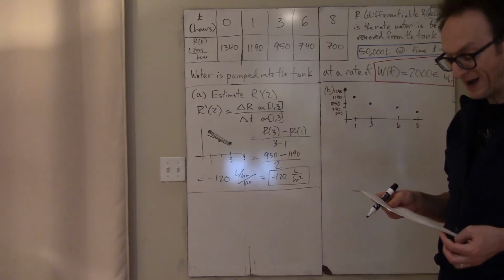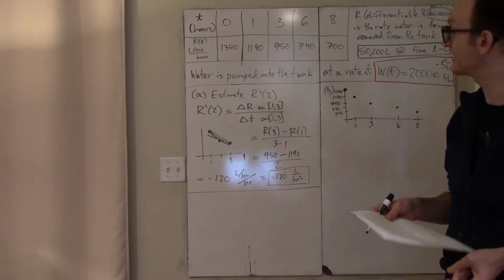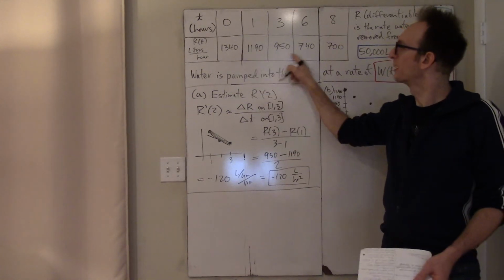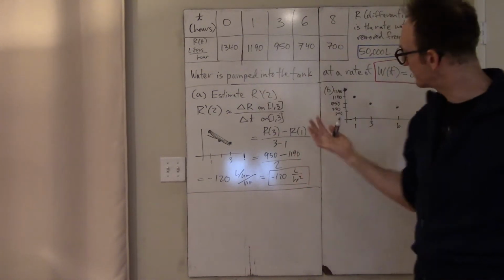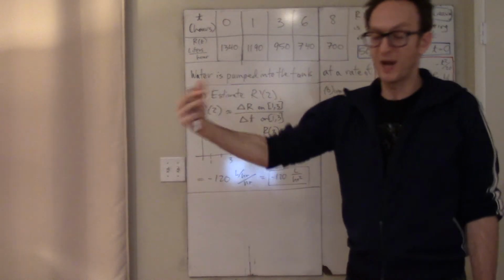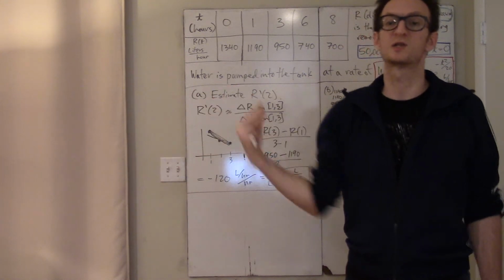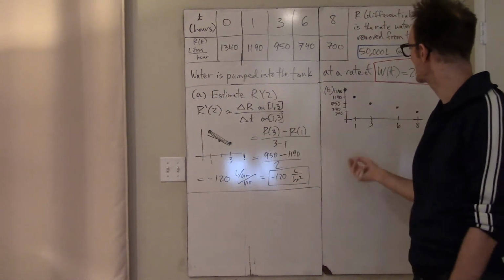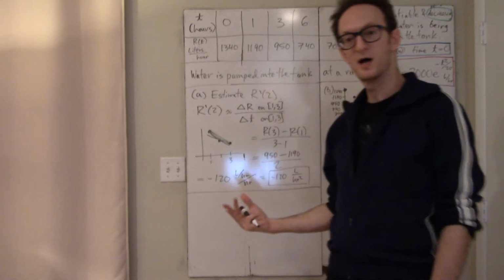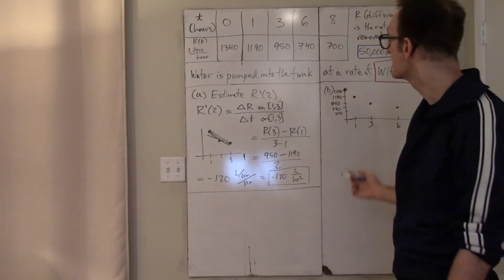So the first thing that they want is to estimate the total amount of water removed from the tank. Well, if this is the rate at which water is being removed, then the fundamental theorem of calculus says that the integral of the rate of change of some quantity is the change in that quantity. Or you might say that this is not the fundamental theorem of calculus, but just some basic principle of what integration is.